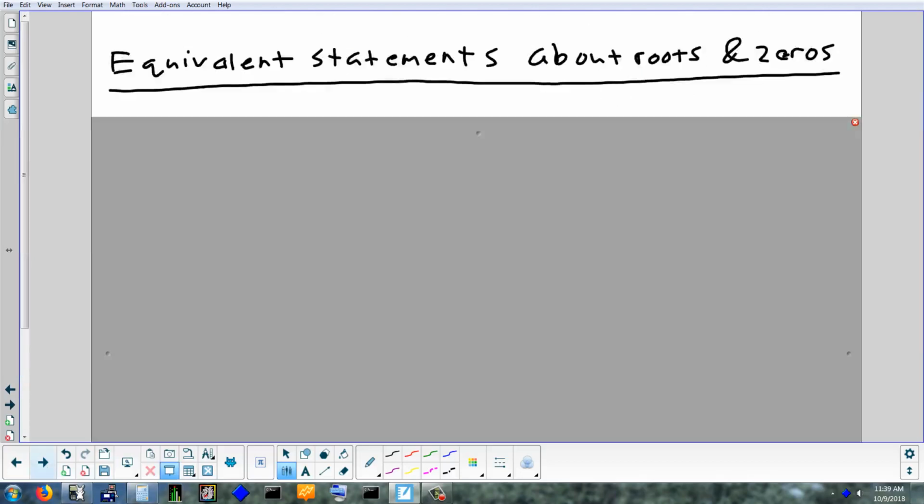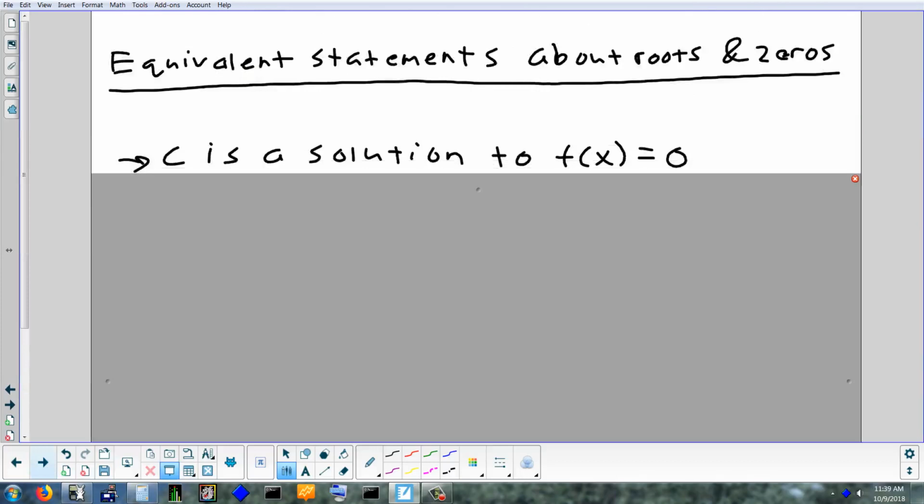All right. So here are some equivalent statements about roots and zeros. Basically, 3 or 4 things that all mean the same thing, even though they're written a little differently. Let's suppose that you find a number that you think is a root.